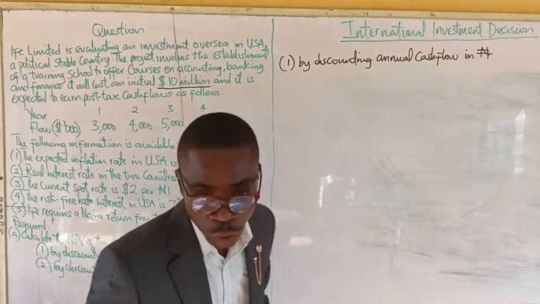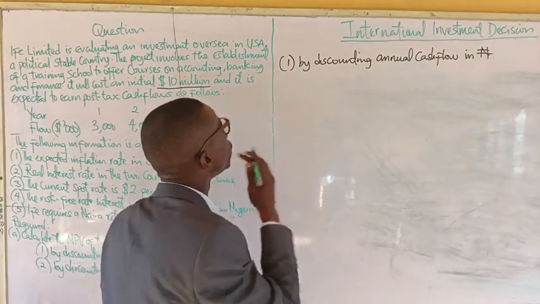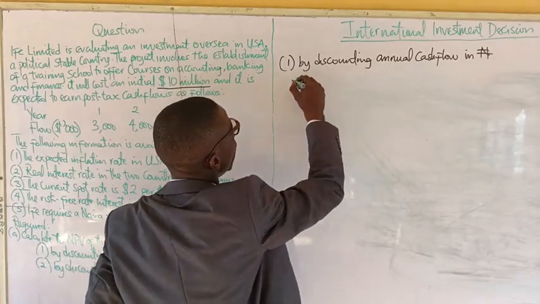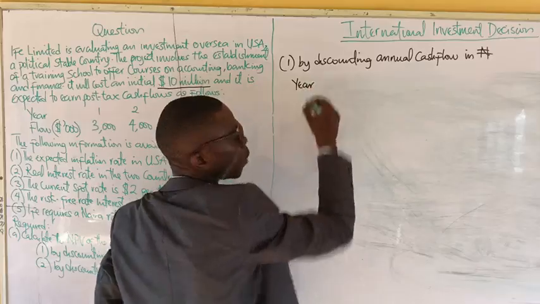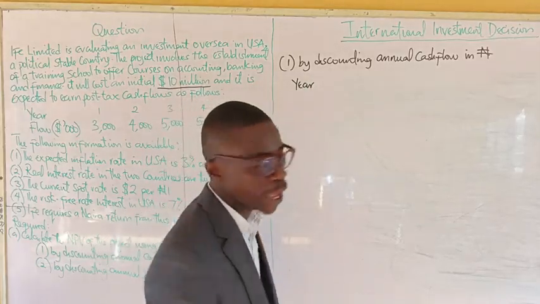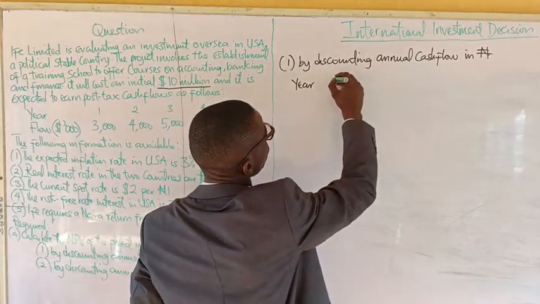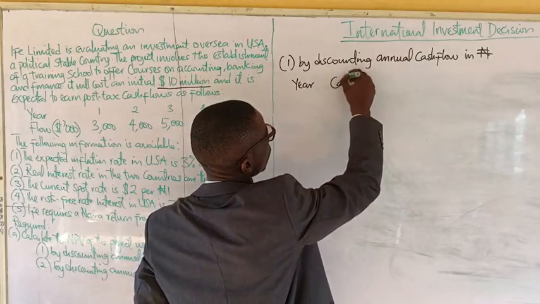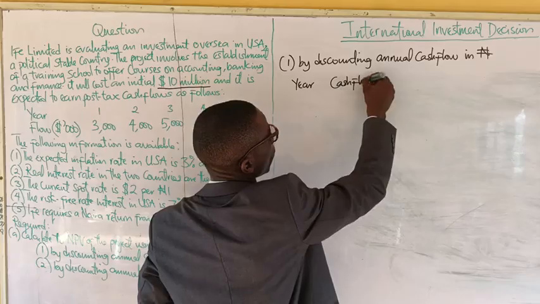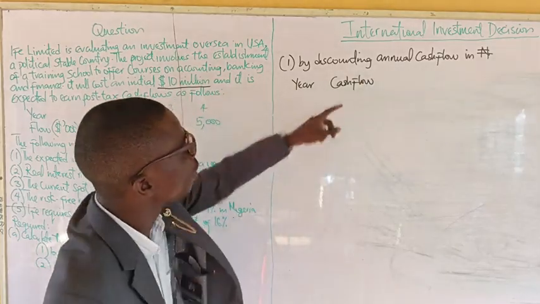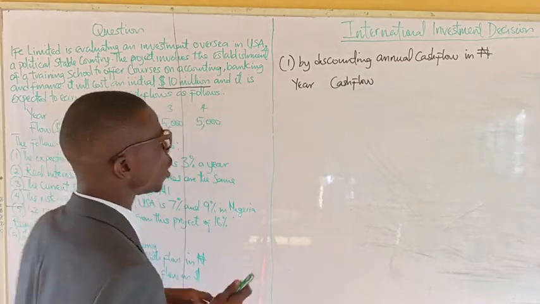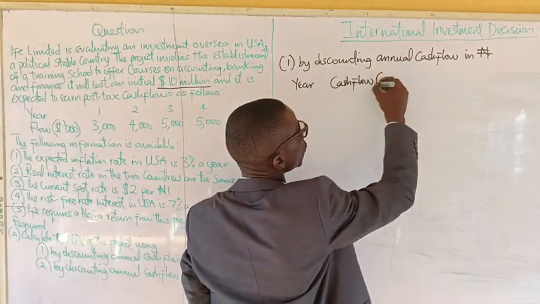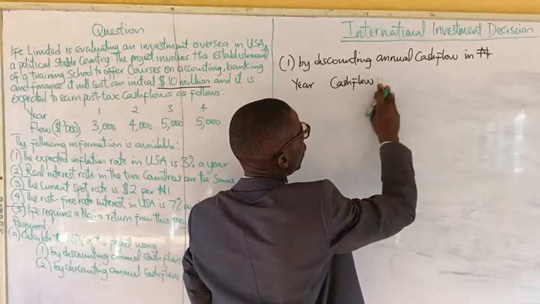Am I communicating? So what is the first thing you should do? Hear the cash flow. Don't forget that the cash flow they will be receiving is in dollars. So the cash flow in dollars.